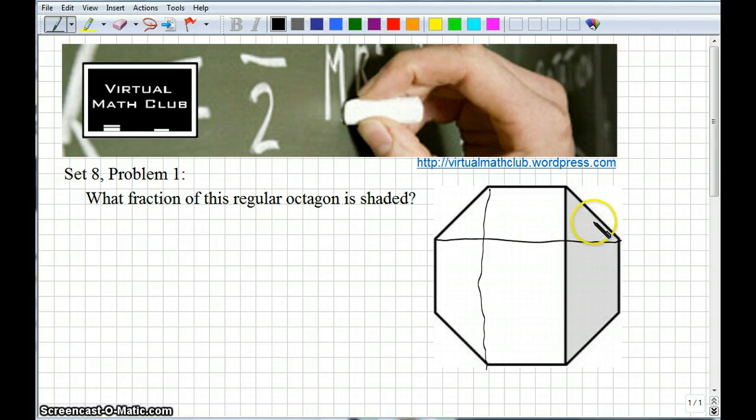And you'd also be able to see that this triangle formed here is the same as this triangle here. The areas are the same.